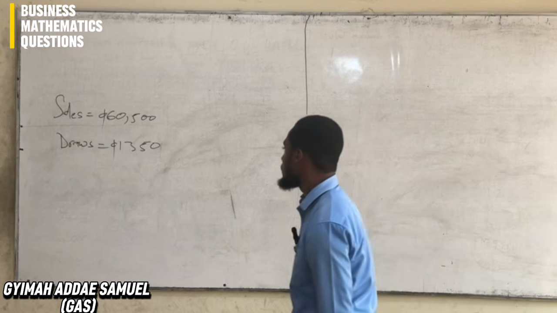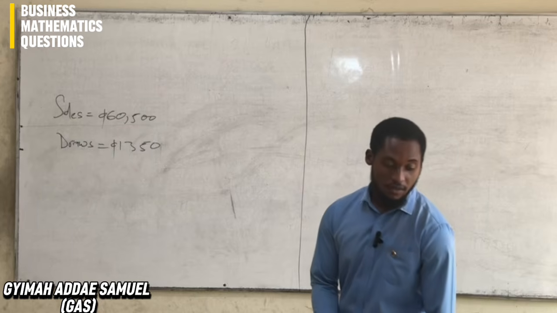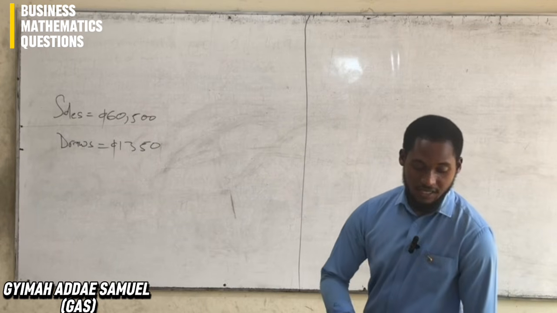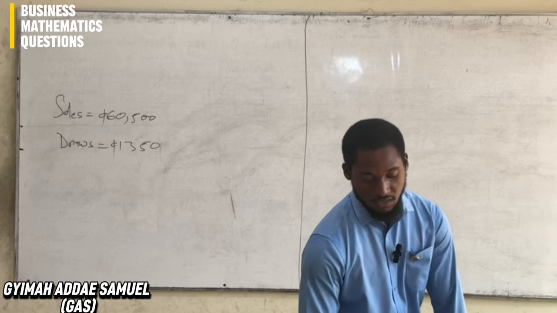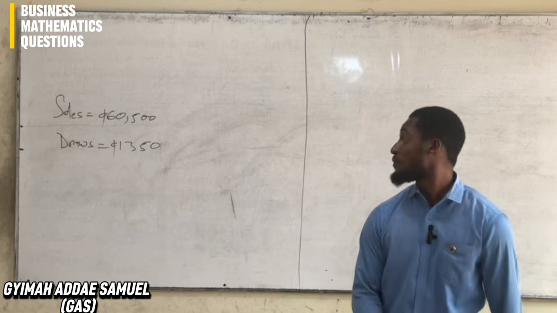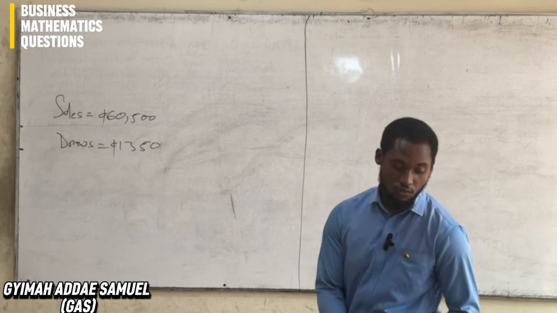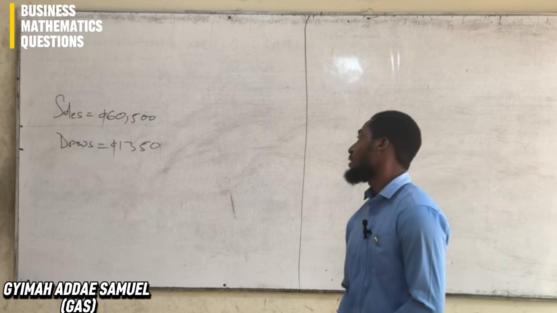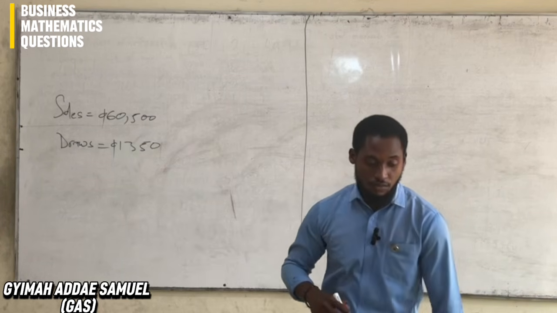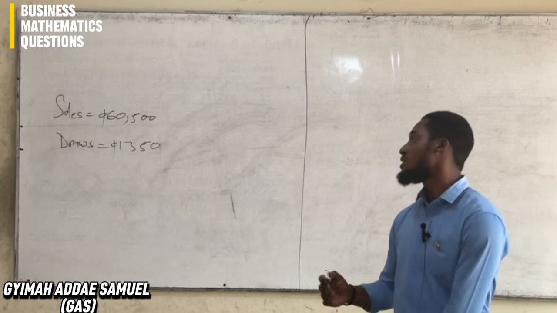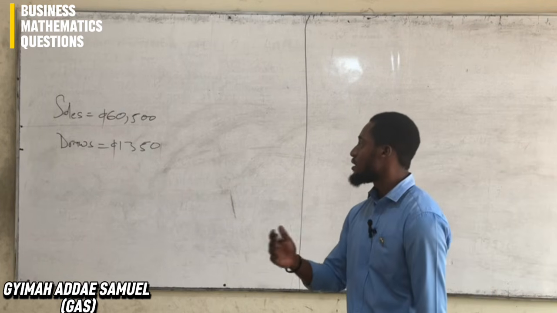So in our previous videos, we learned that if the sales given exceeds the quota, or the range given, which is the 47,500, what you do is you stick to the 47,500. That means that for the excess above the 47,500, we are not going to gain commission on it.